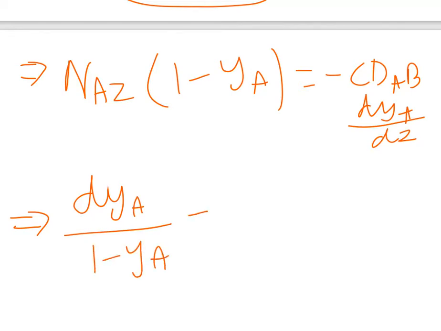We are solving the differential equation, applying the variable separable method, and then we have dYA over 1 minus YA, and then we have dz, and dz is constant.